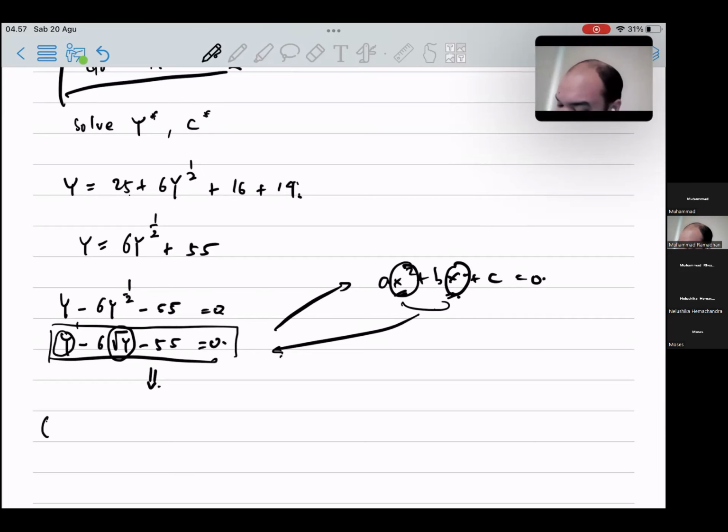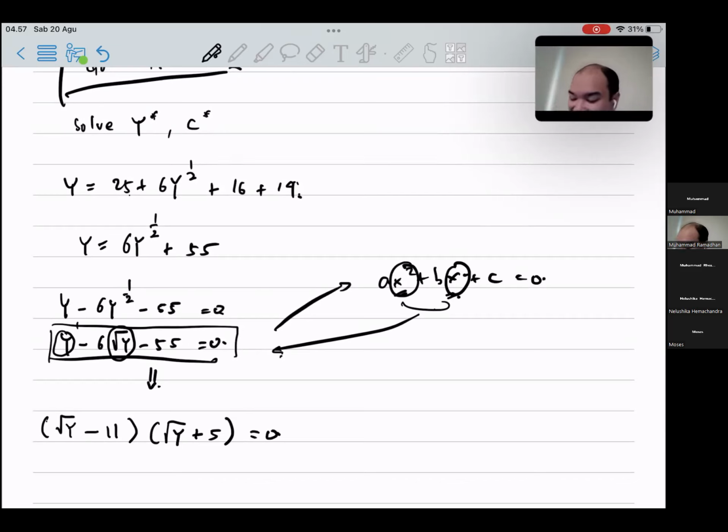How to solve this? So you get square root of y, square root of y, and then minus 11, I think, minus 11, and then square root of y plus 5, equal to 0.